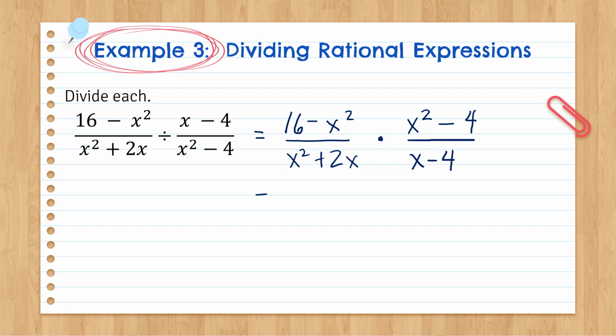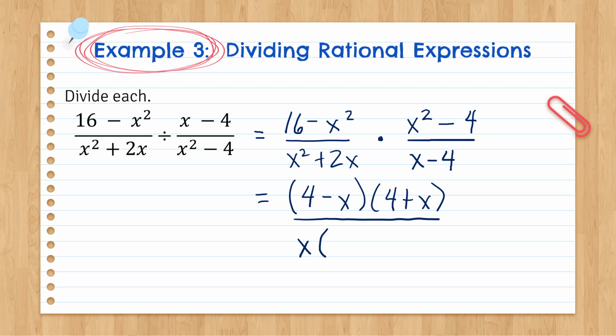Next step is to factor out. So 16 minus x squared is actually the difference of two squares. So that is 4 minus x times 4 plus x over, since this is x squared plus 2x, a common factor of x times x plus 2.